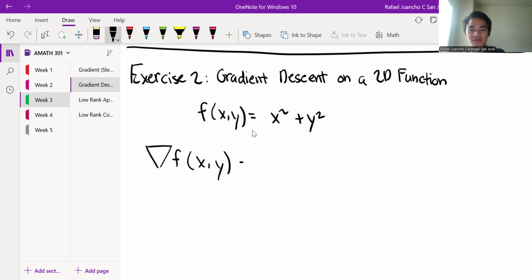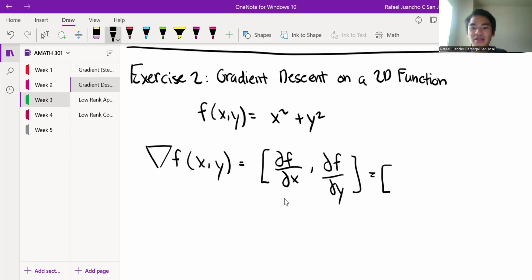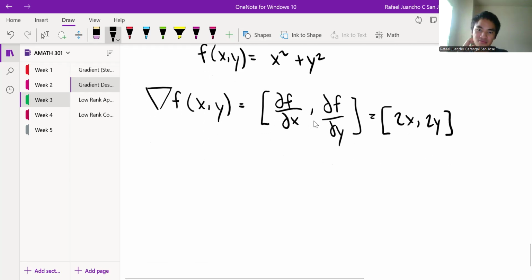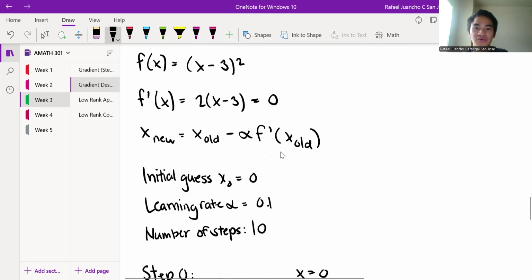And so the gradient of that function f is a vector of some sort where we take its partials, right? It's the partial with respect to x, and then the partial with respect to y. And if we take those, we will get 2x for one, 2y for the other, right?